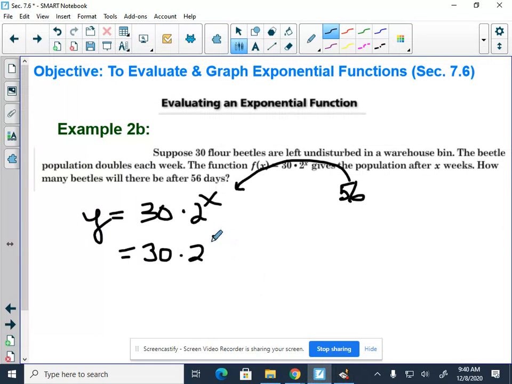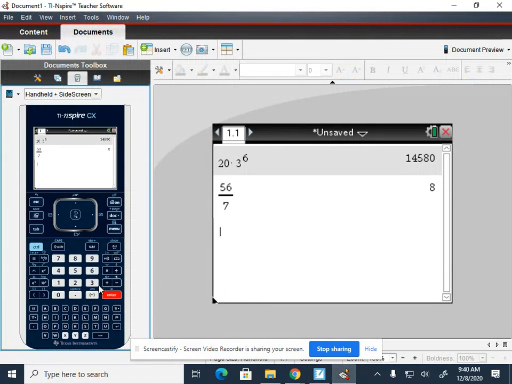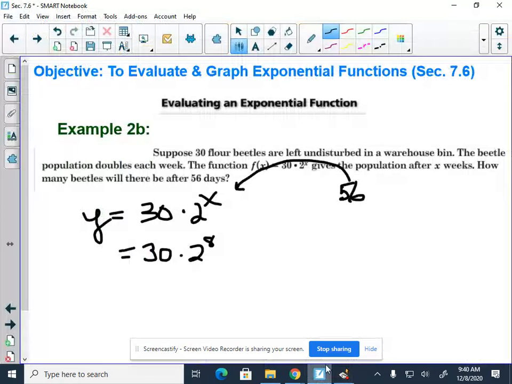So we're then going to put an 8 in here to figure out how many beetles we have. 30 times 2 to the 8 weeks. 7,680.